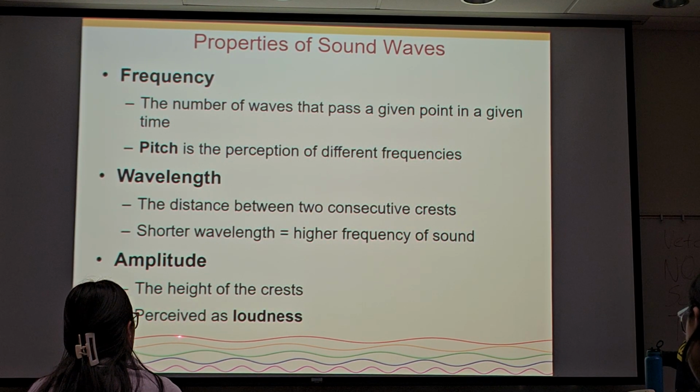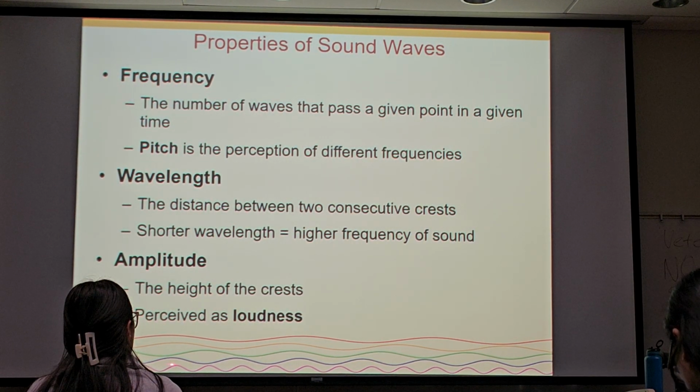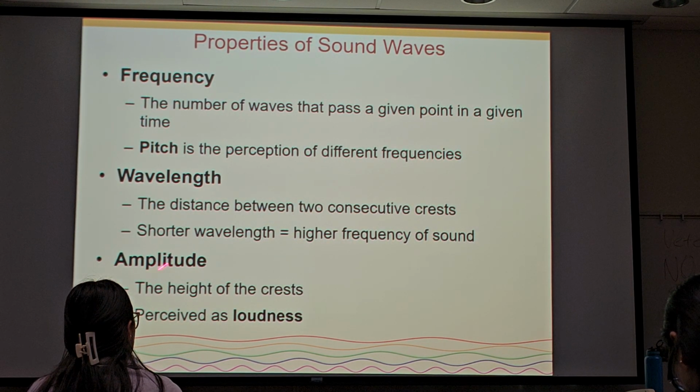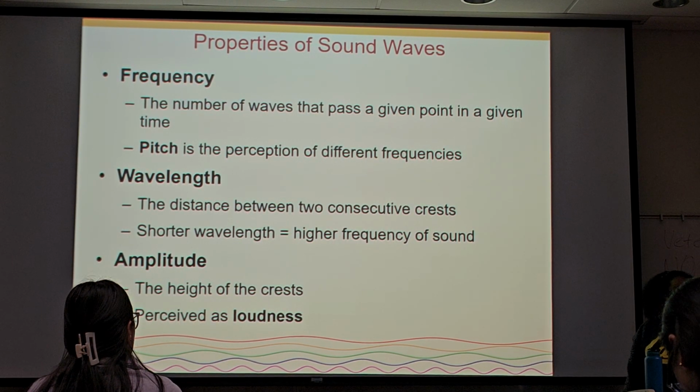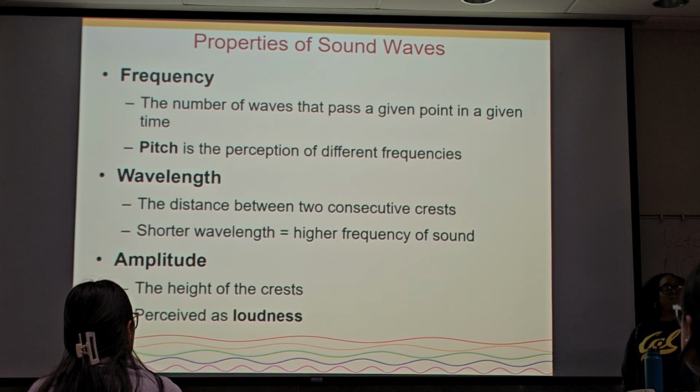Wavelength is the distance between two crests. The shorter the wavelength, the higher the frequency. The amplitude of a wave is perceived as loudness. The greater the amplitude, the louder the sound.